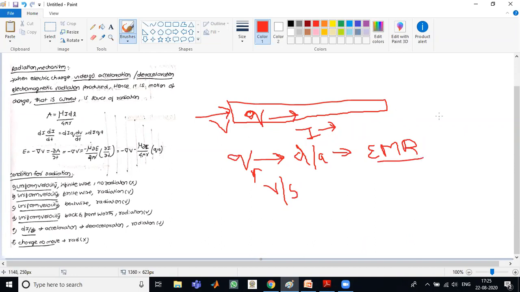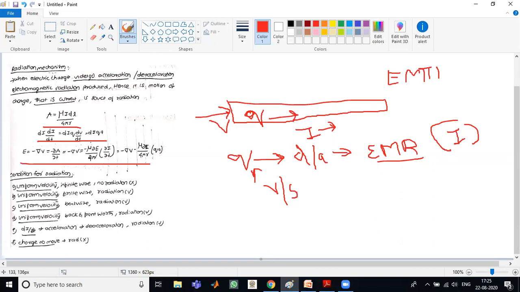This is due to the production of current. This is the source of radiation, and this equation we will be learning in EMTL, electromagnetic and transmission line theory. You just have to refer to it.